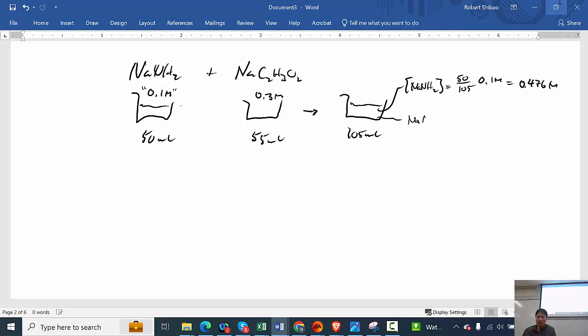And then sodium acetate, I'm going to abbreviate acetate AC. The dilution factor for sodium acetate? 55 over 105. And this is going to be 0.3 molar.